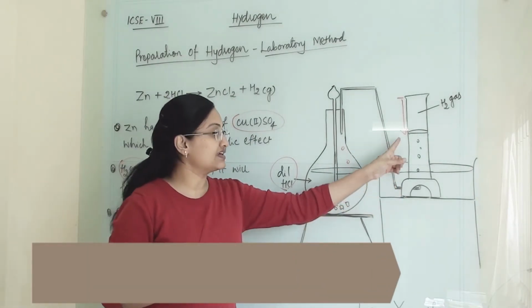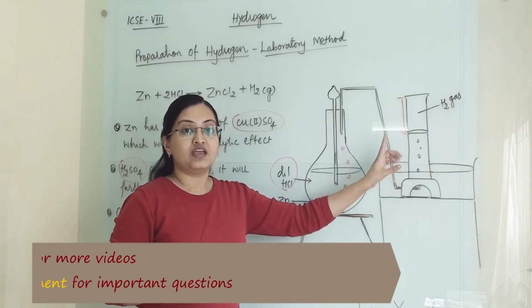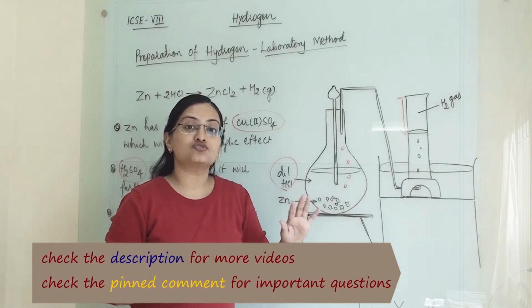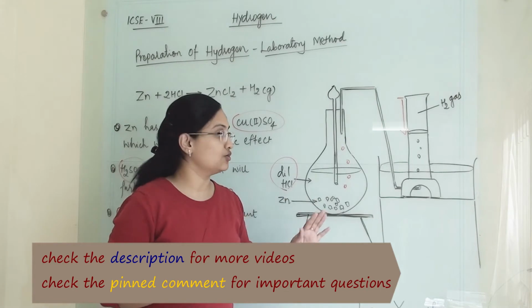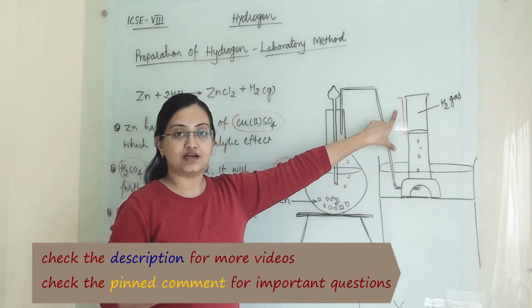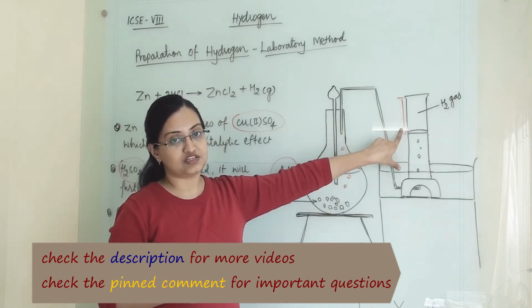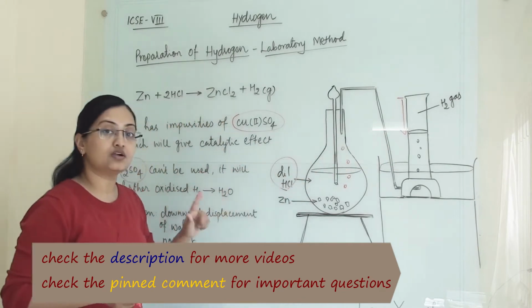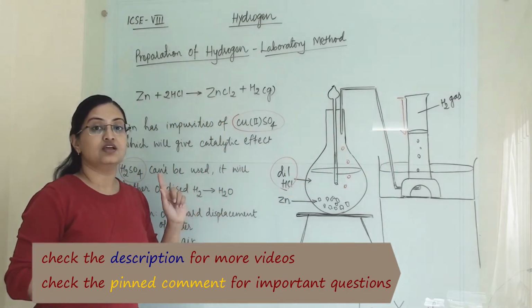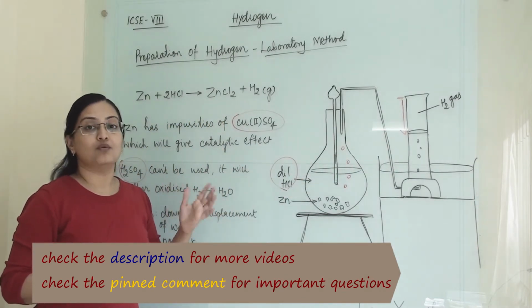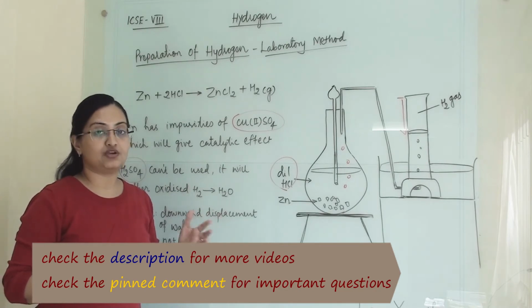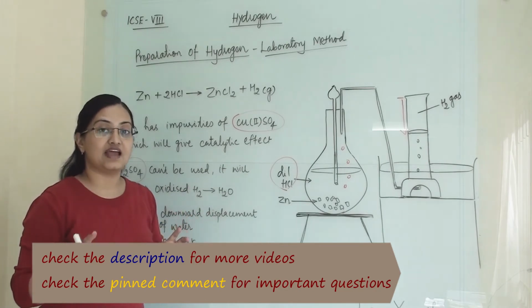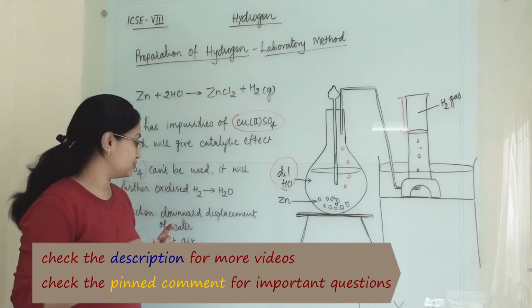We have to collect it along with the water, and hydrogen gas is not soluble in water, it is insoluble. So we can collect hydrogen gas via downward displacement of water, but we cannot collect it via downward displacement of air, because the hydrogen gas and air mixture is explosive.